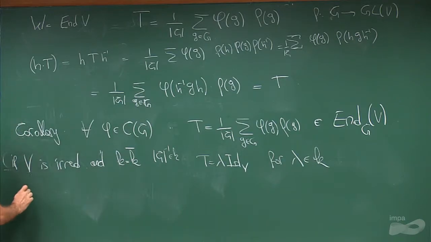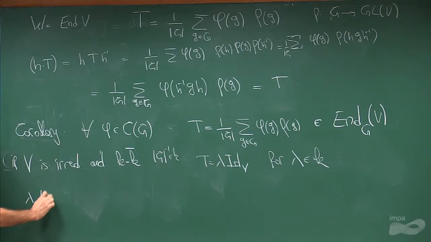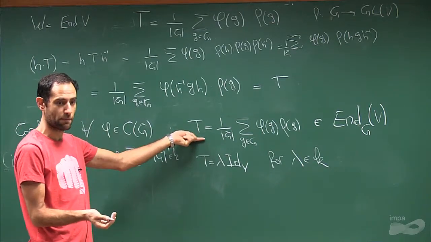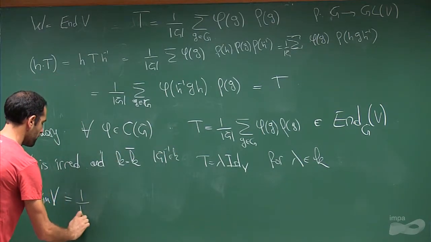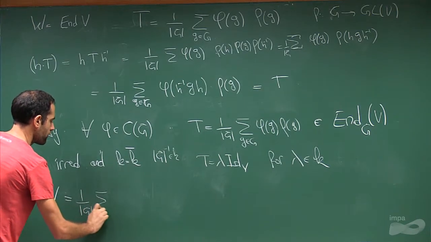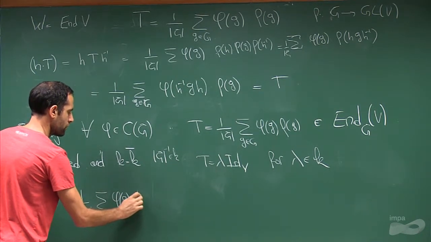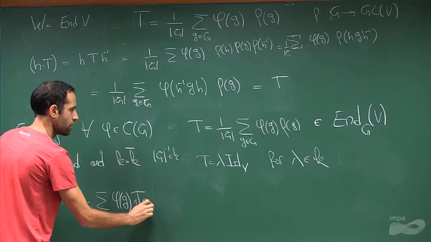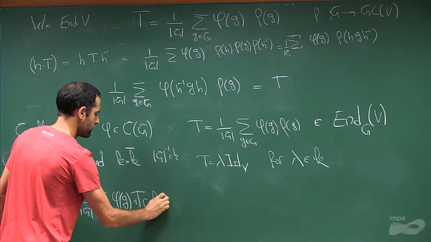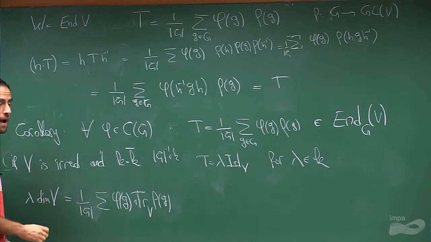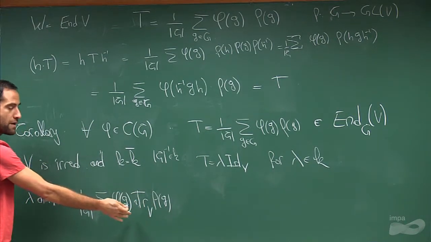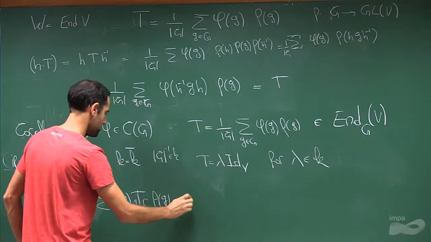So the trace on the right-hand side is lambda times the dimension of V. And on the left-hand side is the trace of this sum, which is a sum of traces. And the trace of rho of G on V, by definition, is the character.